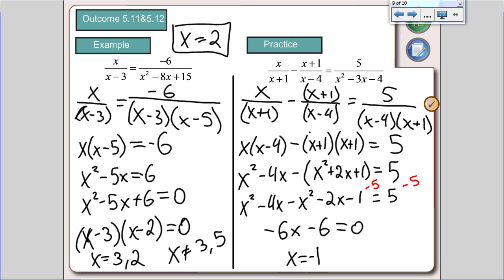And why can't you have that, London? Because of x plus 1. Check your non-permissibles. X can't equal negative 1 or 4. So no solutions. Is there an extraneous root? What's the extraneous root? Negative 1. There's no solution.